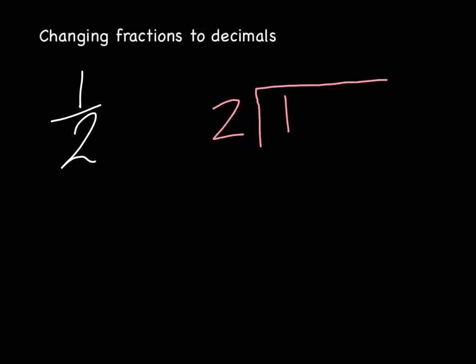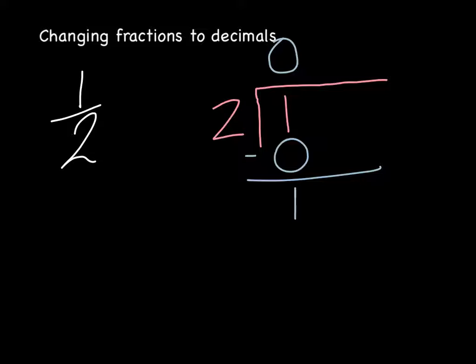So we're going to say, how many times can 2 go into 1? Well, it can go 0 times. So 0 times 2 is 0, and then we subtract, and 1 minus 0 is 1. Now, in lower grades we would have left that as a remainder, but we don't want to do that anymore.